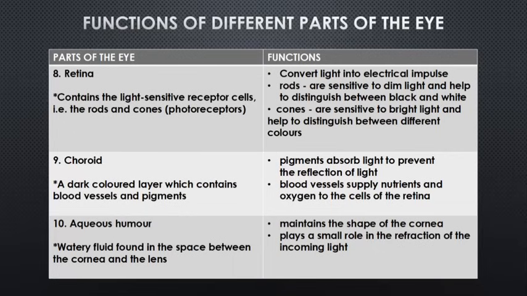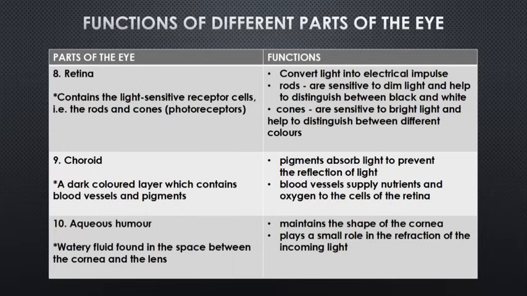And then remember, we've got the aqueous humor, which is in the anterior chamber, in between your lens and your cornea. That part is watery. As I've said, it is a watery fluid which is found between the cornea and the lens. What it does, it maintains the shape of the cornea.